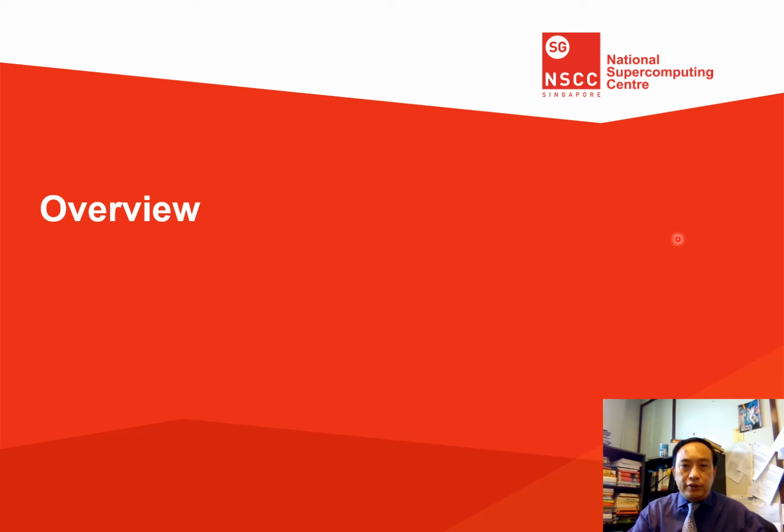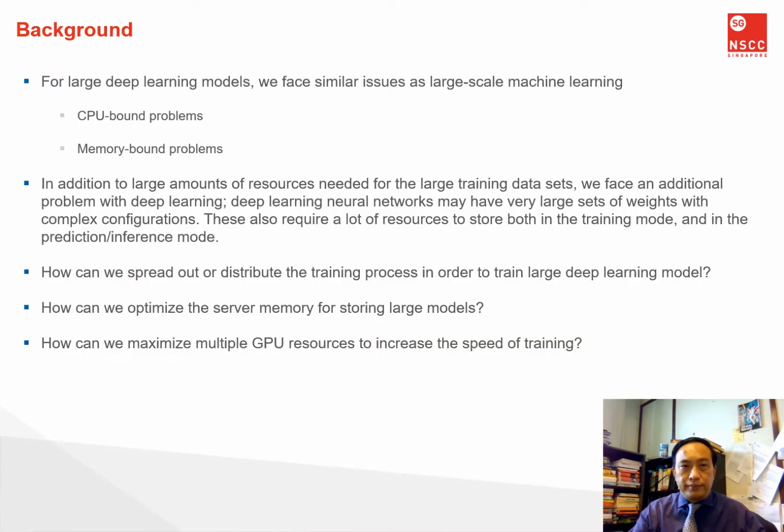So first, the overview of why there's a need to even consider distributed deep learning or multi-GPU deep learning. So here's the background. For deep learning models, we will face similar issues as what we faced in large-scale or scalable machine learning. The two constraints, the memory constraint and also the computational constraint, the requirement for high computational resources, both of them would appear.